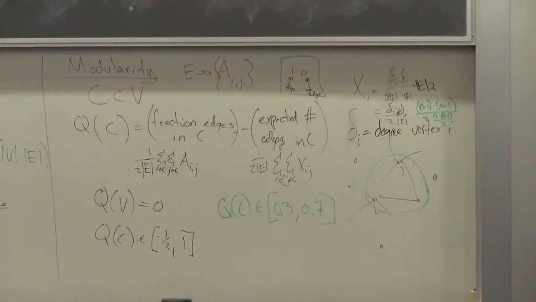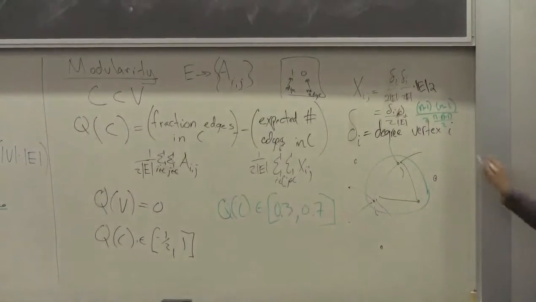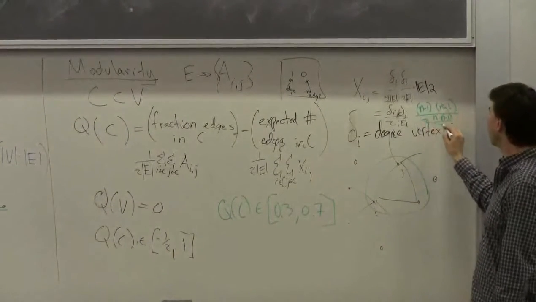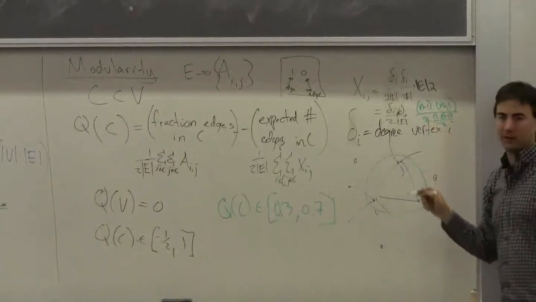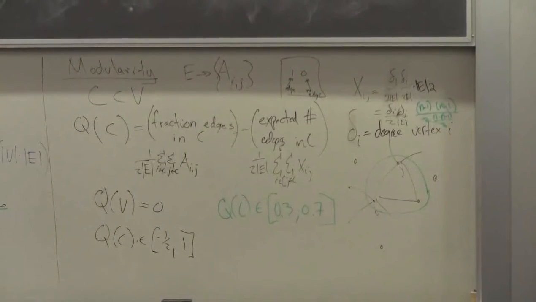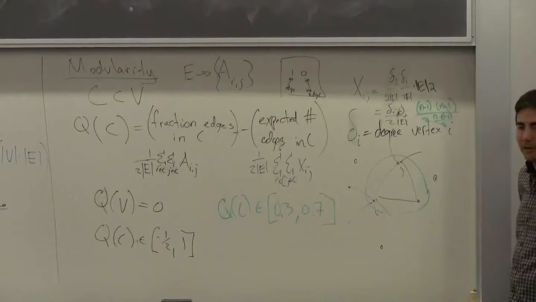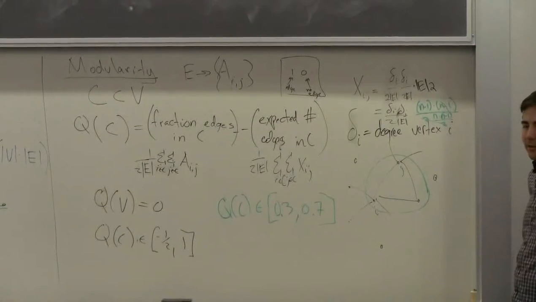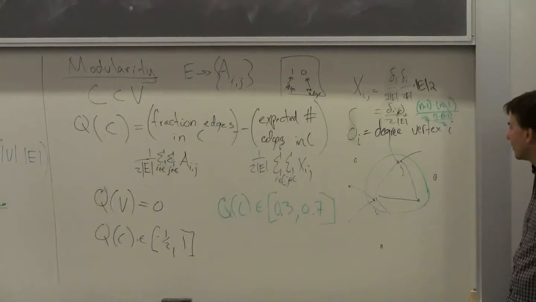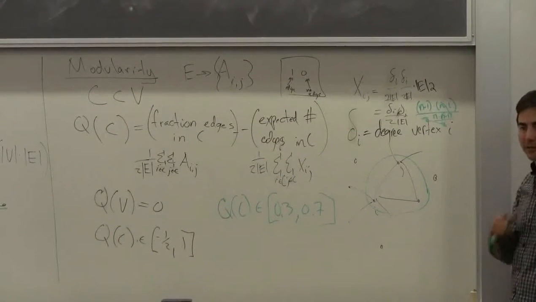Looks like I'm a little off somehow. The 2's cancel, and the n minus 1 cancels, and I get n minus 1 over n. So maybe I did something a little bit wrong here, or maybe the expected number of edges is slightly less. I may be off by a little bit here. It's a good question.